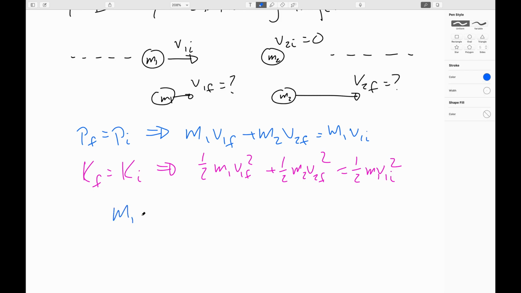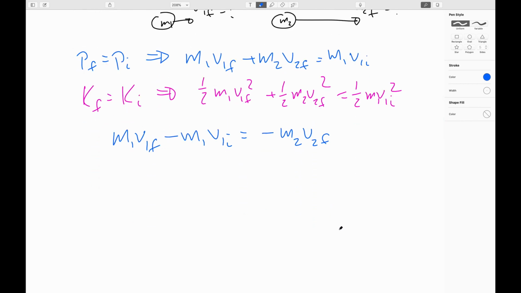That gives me M1 V1 final minus M1 V1 initial equals minus M2 V2 final. And I can group this out: M1 (V1 final minus V1 initial) equals minus M2 V2 final.